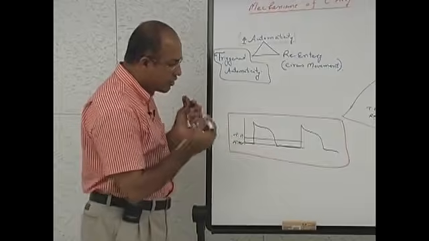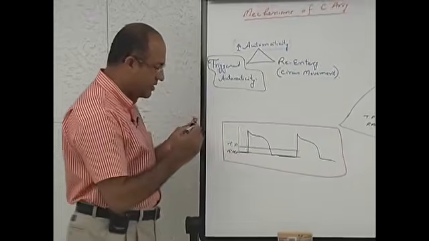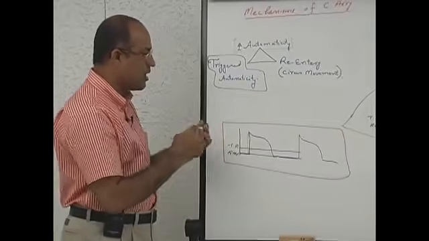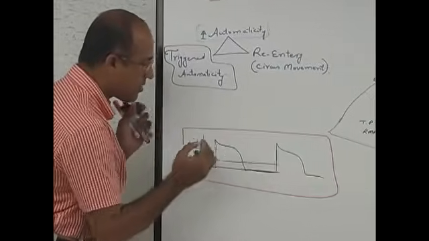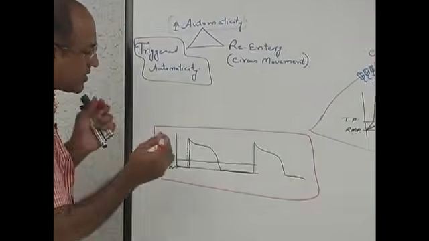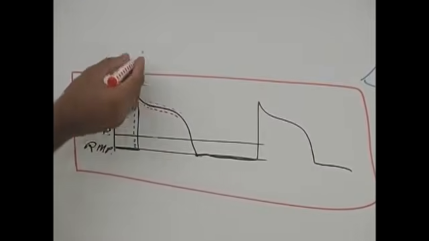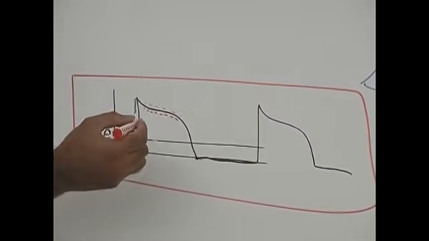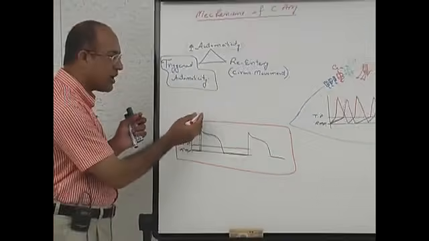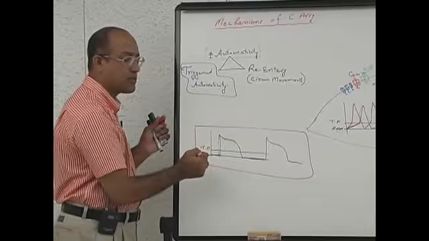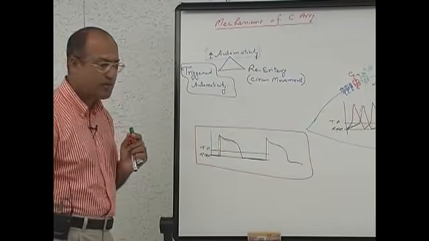Here it is sodium dependent depolarization, right? And this plateau is produced when potassium is leaking out but calcium is entering the cell, right? There is loss of potassium, gain of calcium, or loss of positive ions as well as gain of positive ions, so there is no significant change in the electrical potential of the membrane.